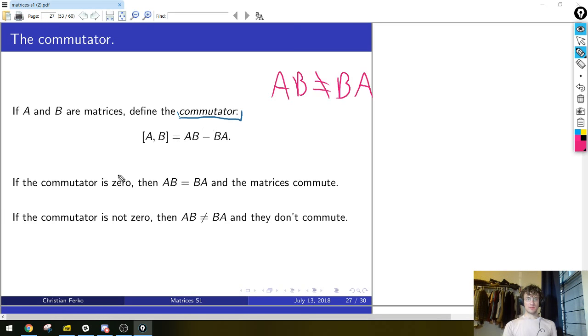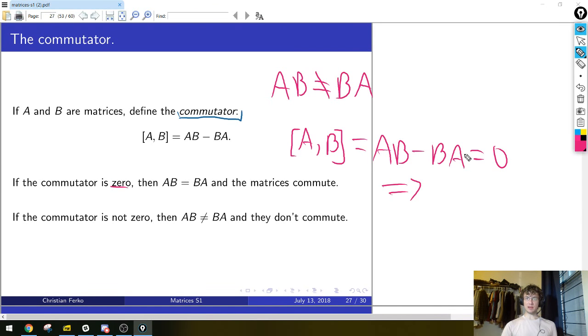Well, if the commutator of two matrices is 0, so what do I mean? If the commutator AB, which is A times B minus B times A, is 0, well, now I can just add B times A to both sides of this equation, and I find AB equals BA.